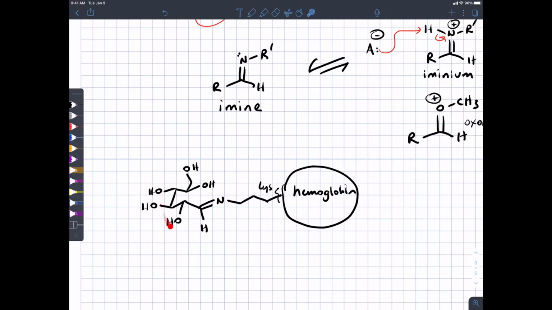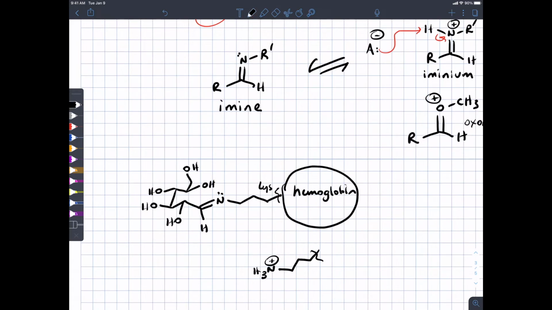Now, for hemoglobin, this may not matter too much for its function, but you can imagine other enzymes where that nitrogen might be supposed to do something important. Remember that lysine side chains, as I told you earlier, are normally positively charged at physiological pH. Now that nitrogen's neutral, and instead of just having protons on it, it has this whole big carbon chain.